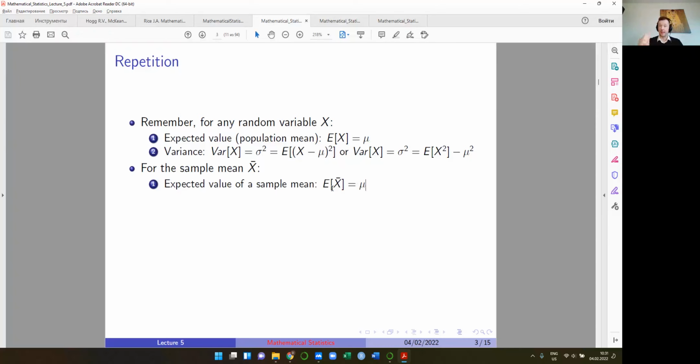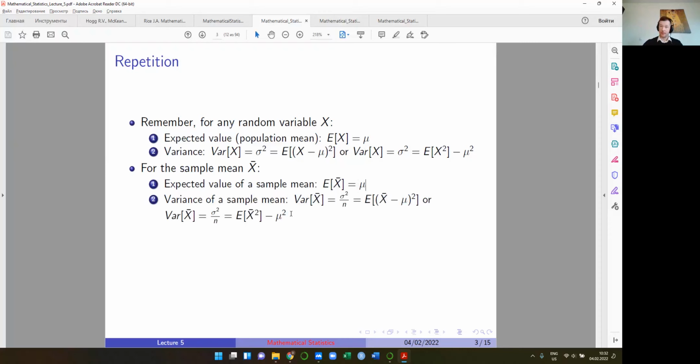It doesn't mean that I actually will get it, but I expect, if everything is correct, that the center of my potential distribution of my shots is going to coincide with my target, with what I'm looking for.